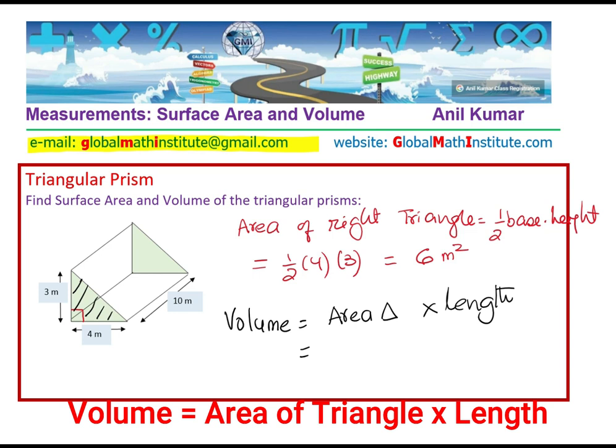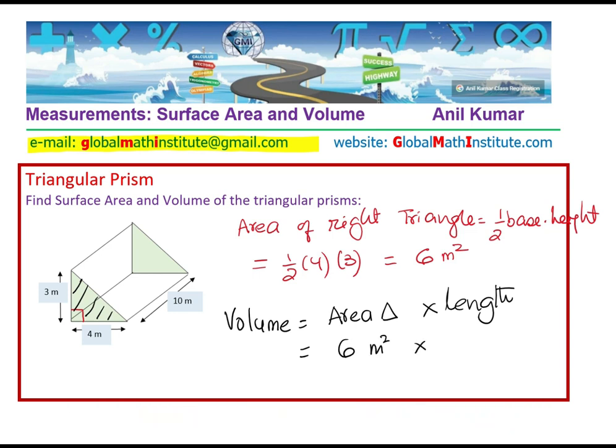Since we know area is 6 meters square, we'll multiply this by 10 meters and get our answer, which is 60 meter cube. Makes sense? So that is how we can easily find the volume. In this case, everything is given to us, nothing much to be calculated. Perfect. So we have found the volume.